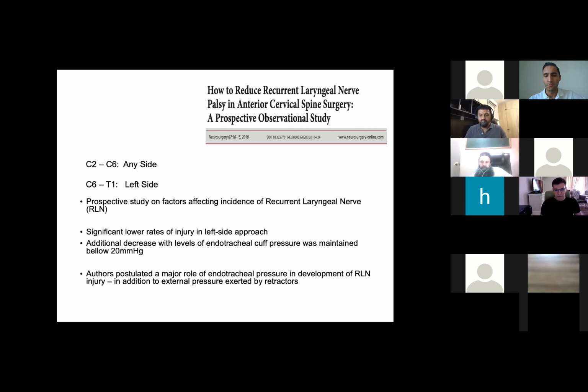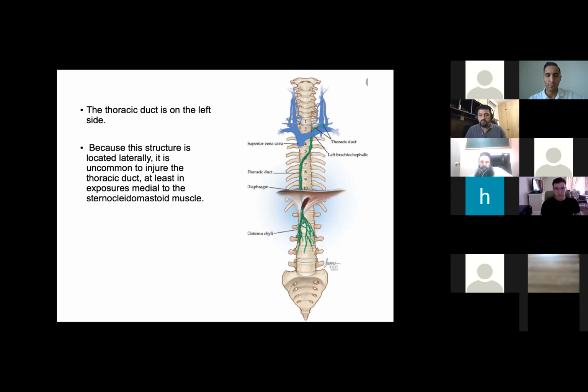So many papers postulate that you have to take care of endotracheal cuff pressure and retractors to avoid this complication. The thoracic duct is on the left side. It's a very rare complication, and it's uncommon to happen, especially if you stick to the anatomical planes of your approach.